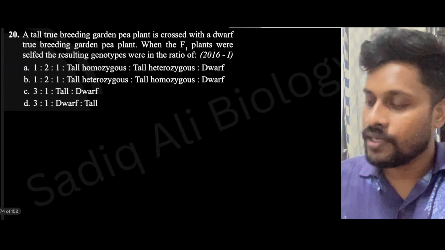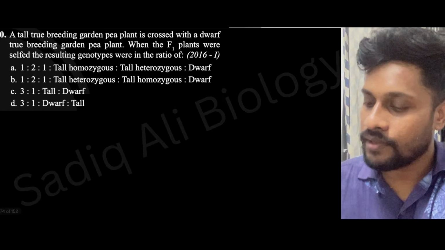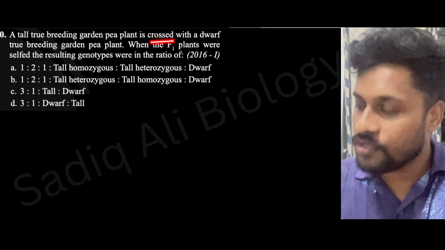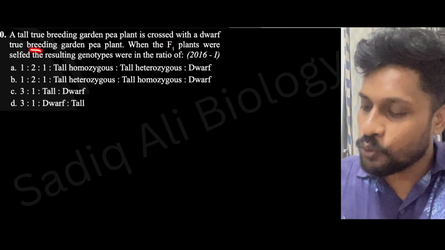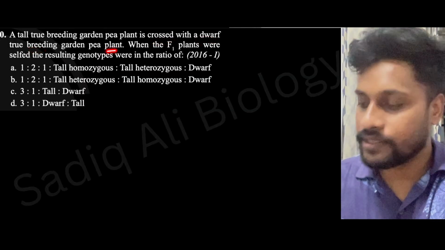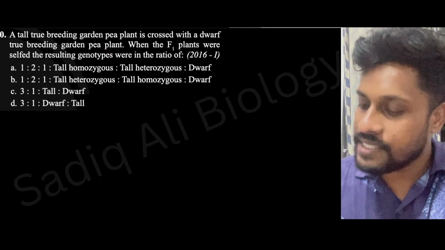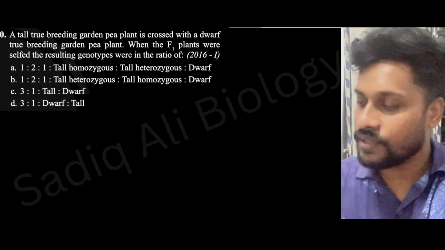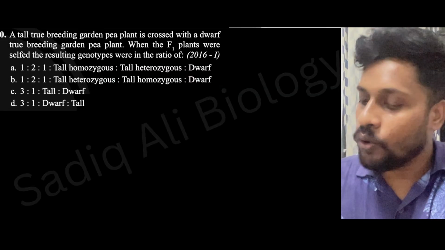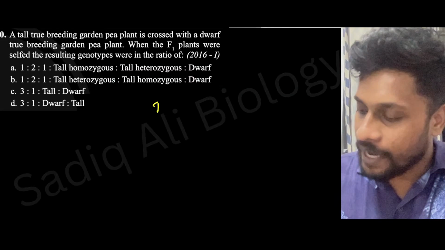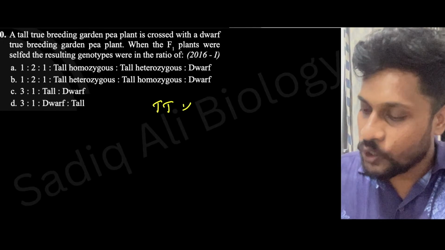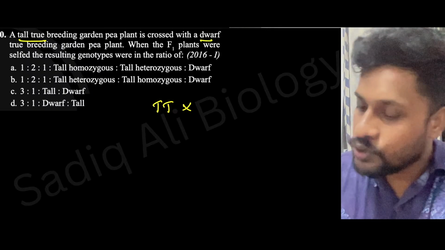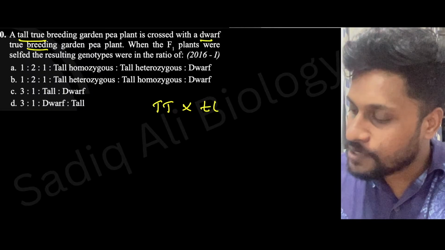Now, 20. A tall, true breeding garden pea plant is crossed with a dwarf, true breeding garden pea plant. When the F1 plants were selfed, the resulting genotypes were in the ratio of, let me try. Tall, true breeding, which means capital T capital T, crossed with dwarf true breeding, which means small t small t.